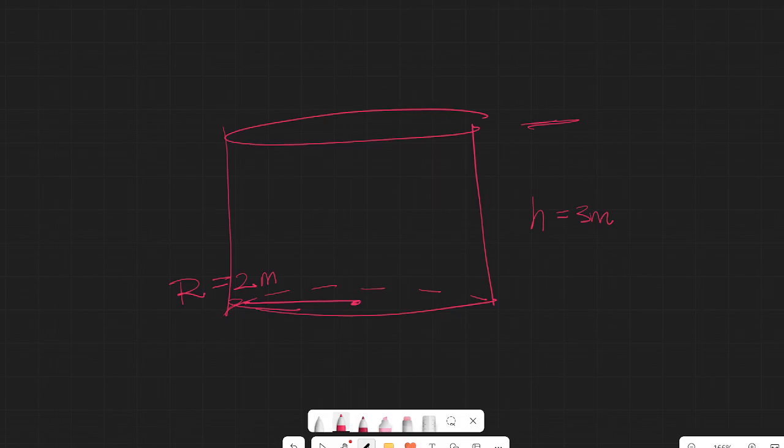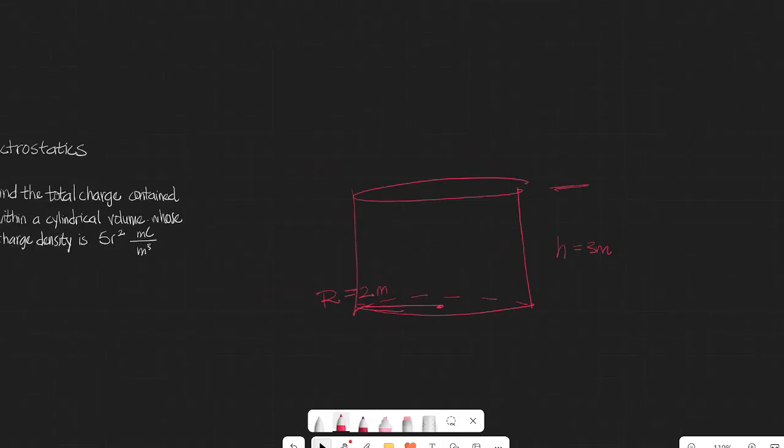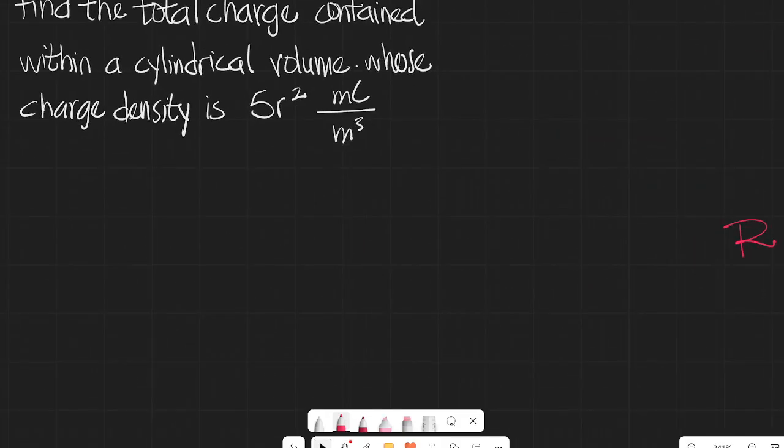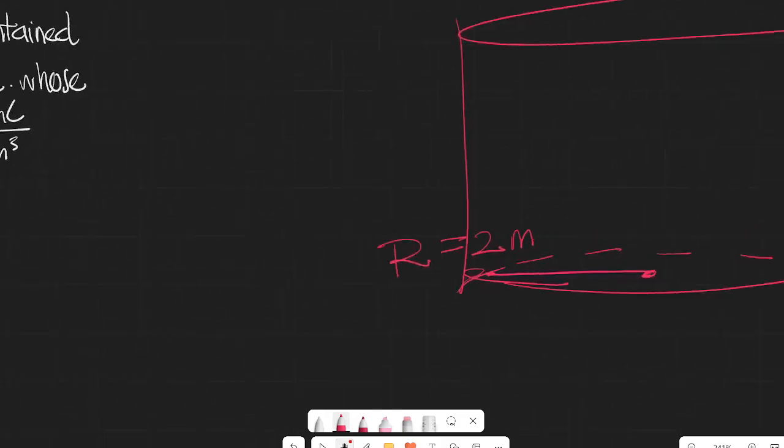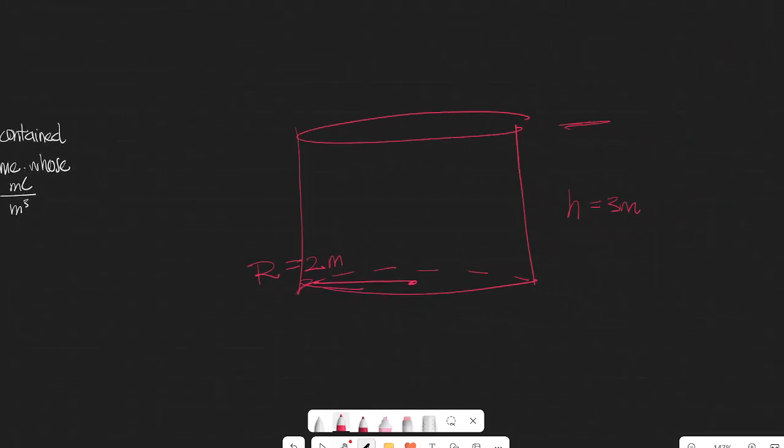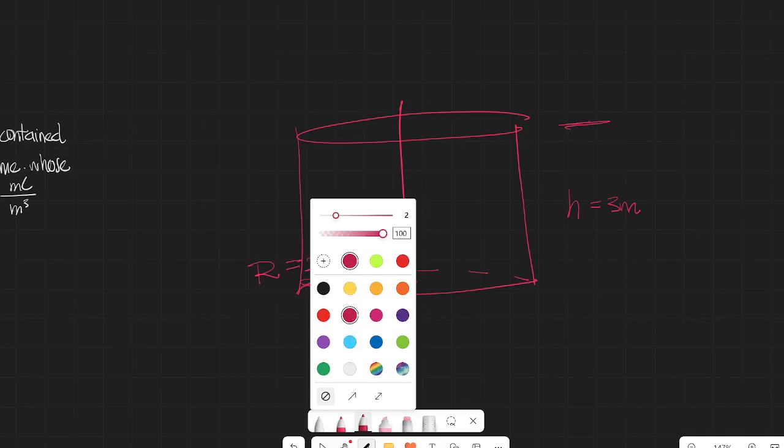We could calculate the total volume of the cylinder, but really what we're looking for is the total charge in this non-uniformly distributed charge in this volume region.